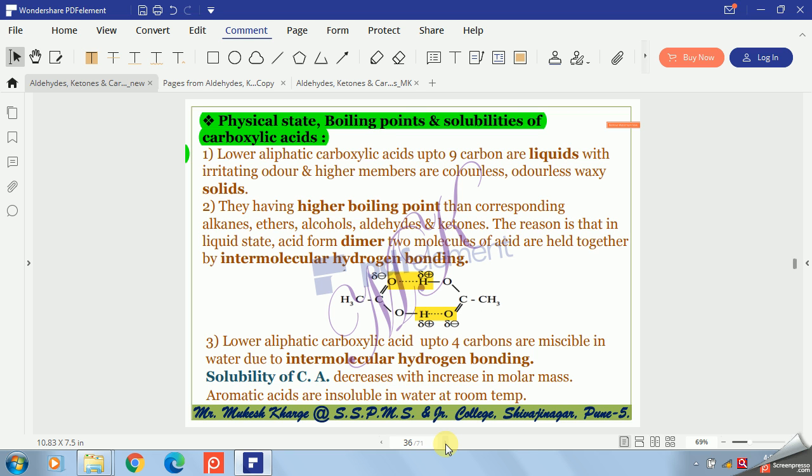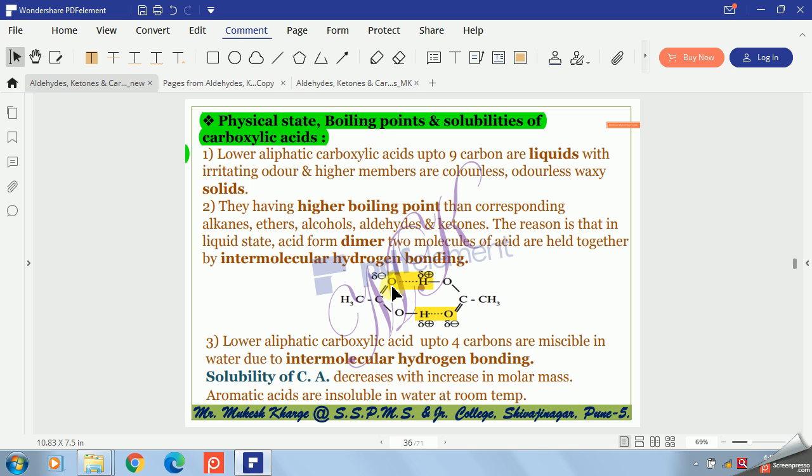So what is the reason behind that? Why is the boiling point of these carboxylic acids higher? The reason is that two molecules of the carboxylic acid combine together and form a dimer, as shown in this diagram. This is the first molecule of acetic acid, CH3COOH, and this is the second molecule of acetic acid.